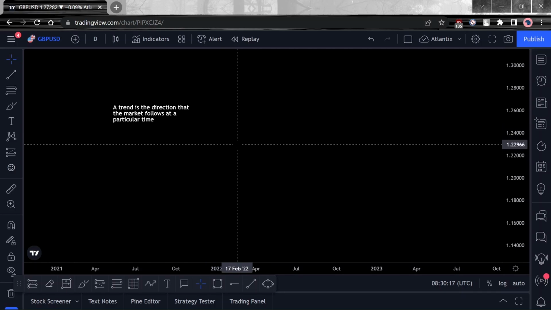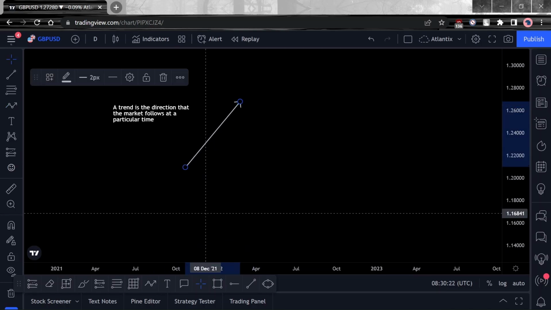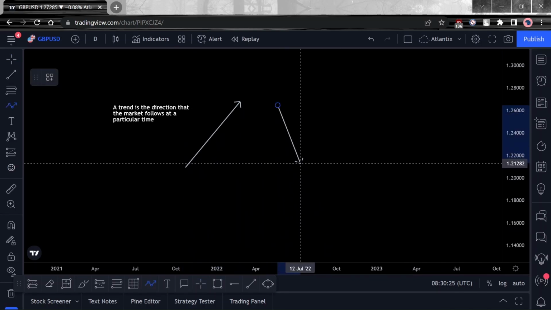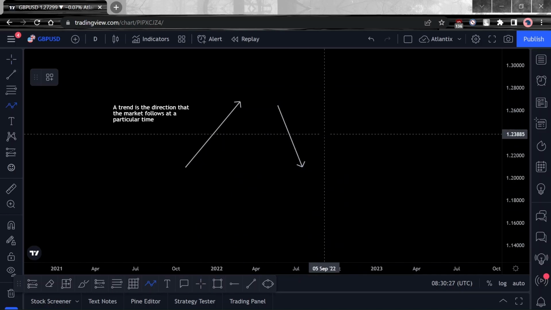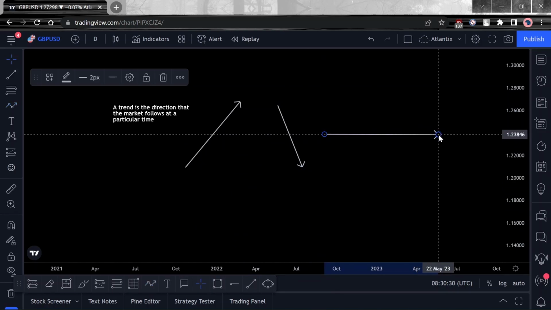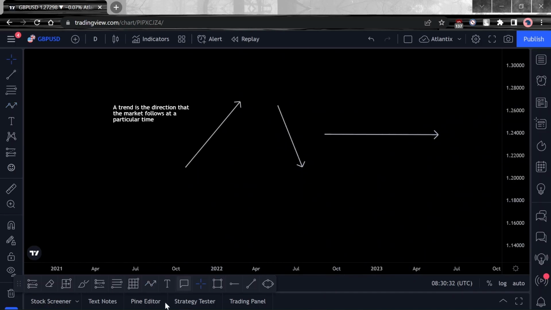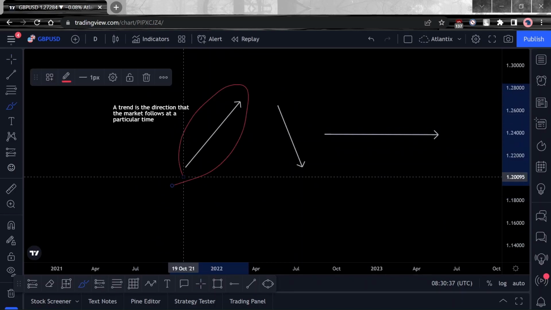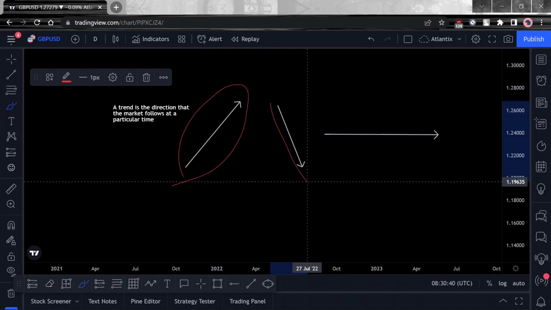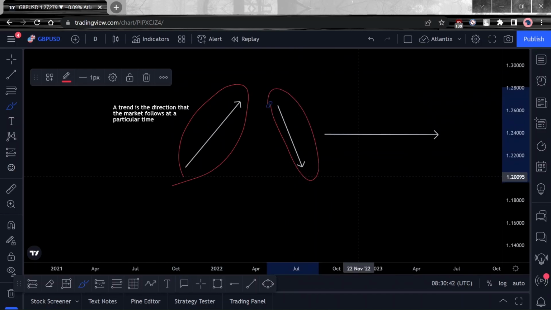So we only have three directions that the market can go. The market can either go up, the market can go down, or the market can go sideways. These are the basic directions that you can expect the market to go. So whenever you've got price moving up, we call that an uptrend. Whenever you've got price moving down, we call that a downtrend.